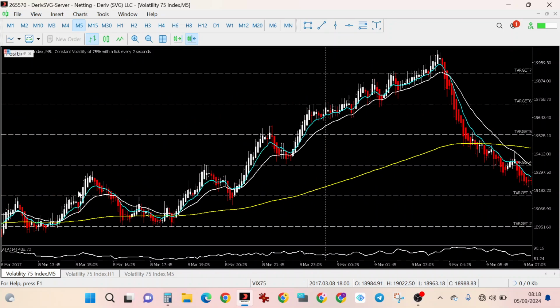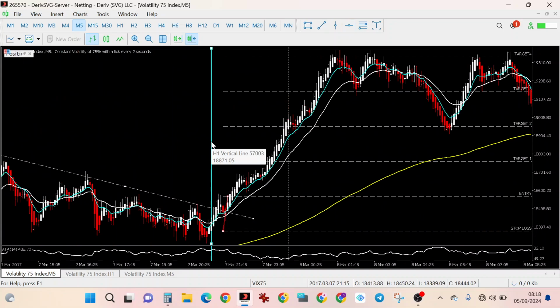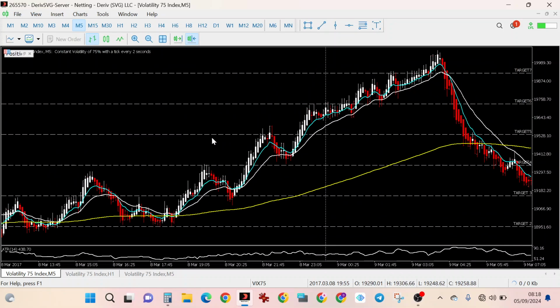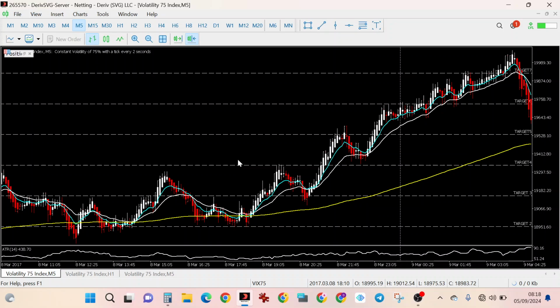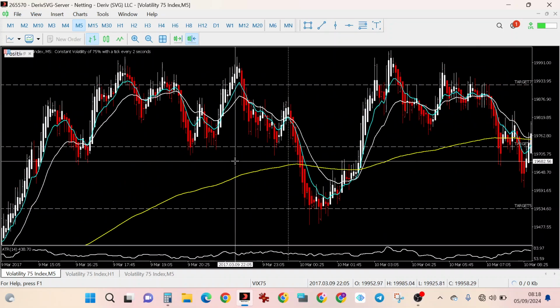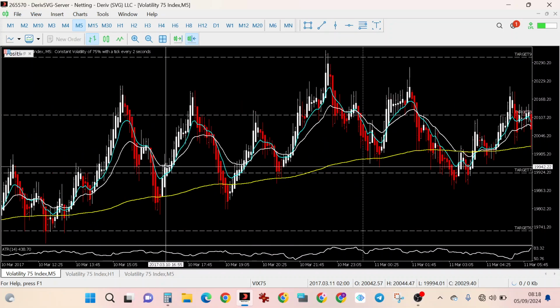So even if you had 2 losses here while trying to catch this move, it's always a good thing, because you will always come out in profit. This one went at least 10 times the risk.